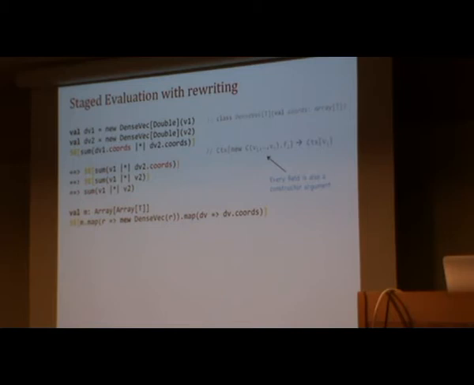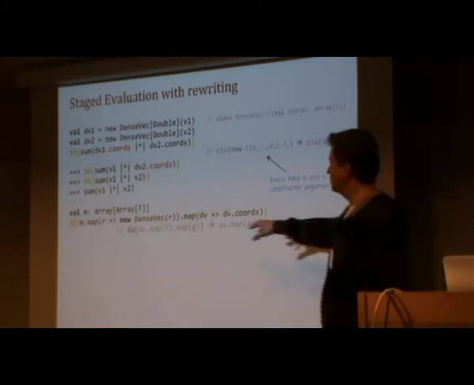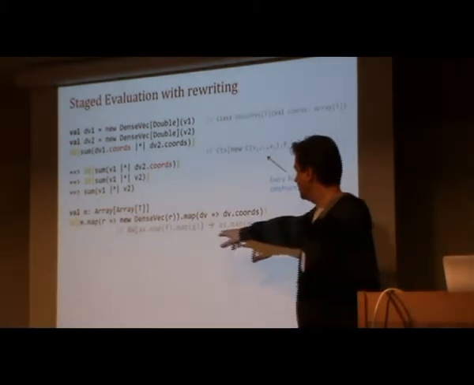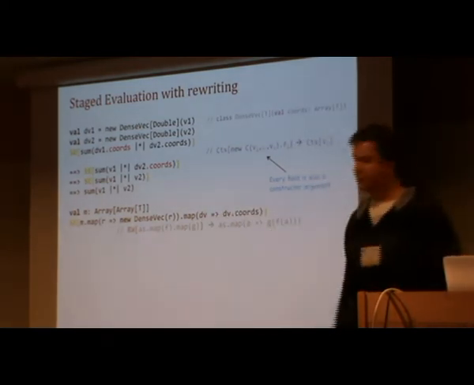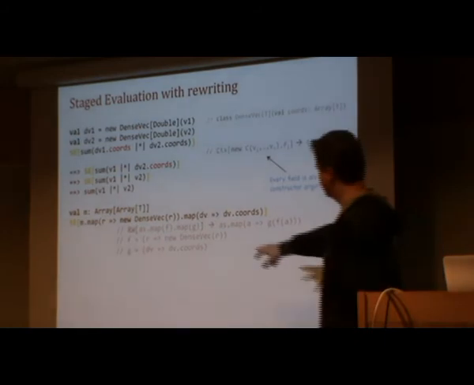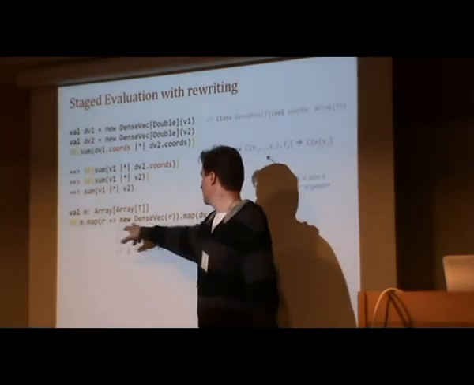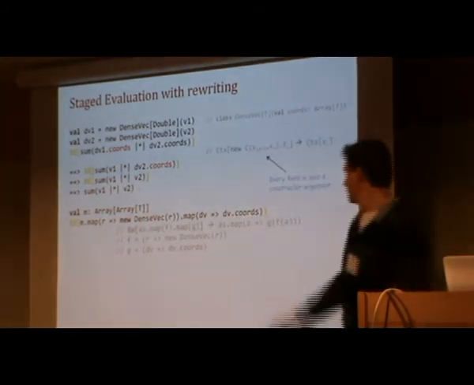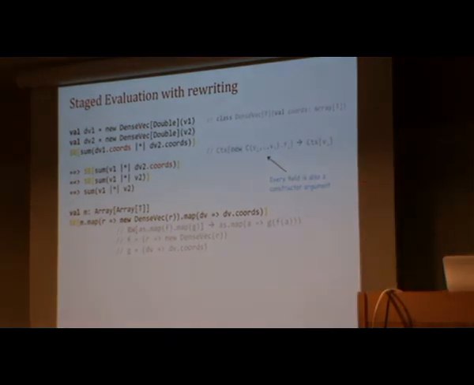And another example, if we have this big term here, because during staging we can apply rewriting, there is a rule which says that we can fuse two maps together. And in this particular case, f is defined like this. So this is one thing, this is another thing. Then it goes to this composition.